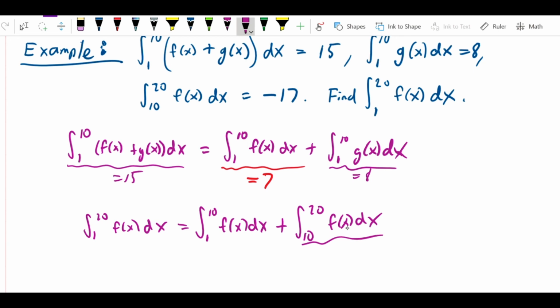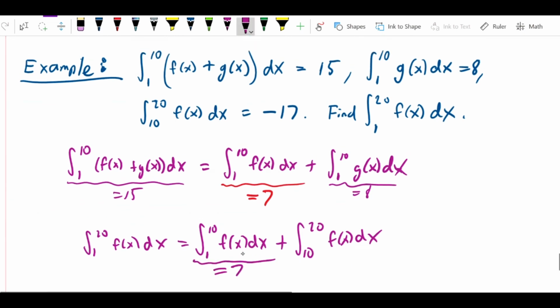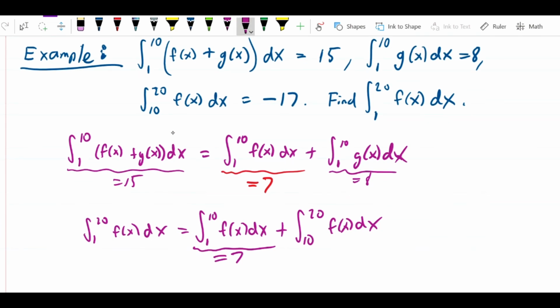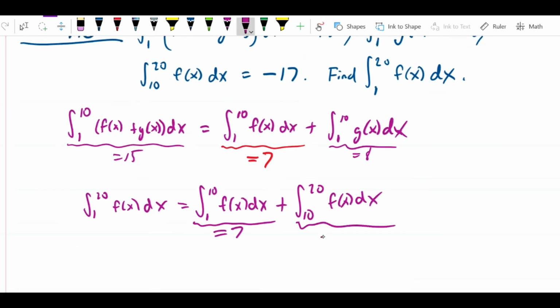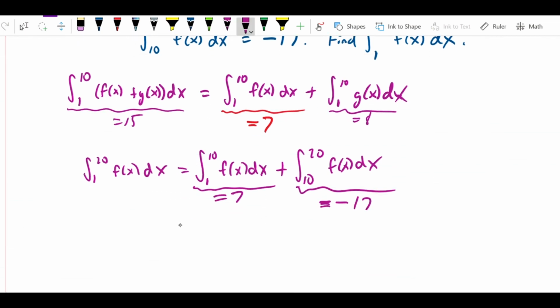So that's going to equal, this is the one that we found is equal to 7. And we're given already that the integral from 10 to 20 of f is -17. So I have 7 plus -17, and that's just going to equal -10. So that's the answer.